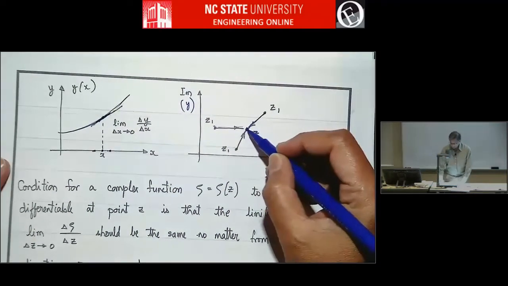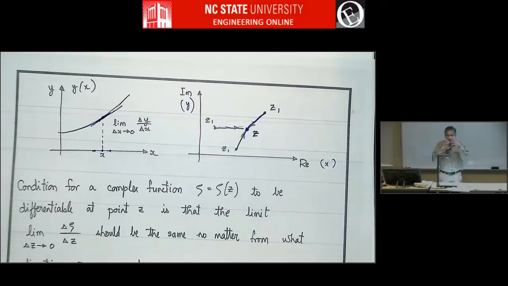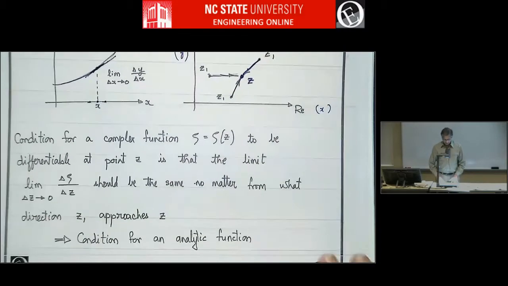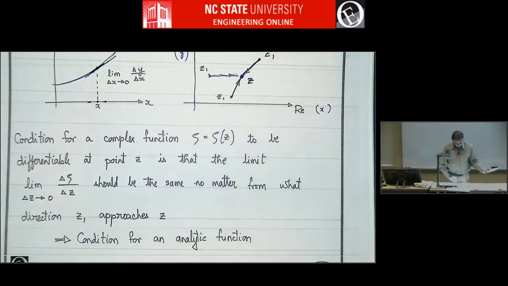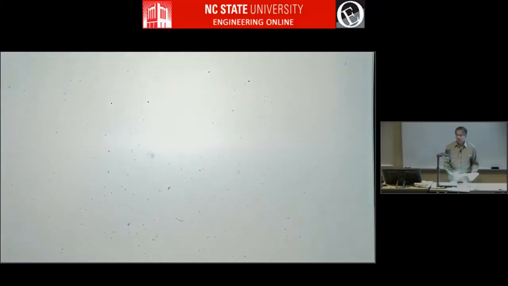In other words, that derivative should be the same whether you take this, this or this, as long as everything is in the neighborhood. This is all small distances; I've drawn it large. That is the condition for an analytic function. So these are the functions that are of interest.